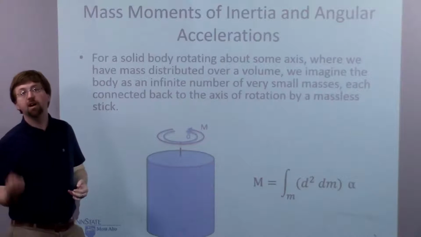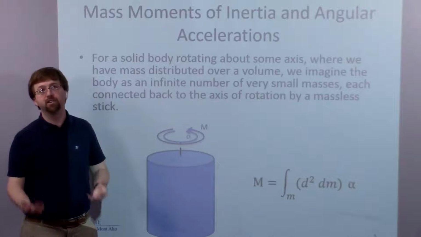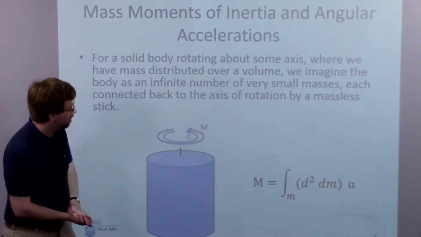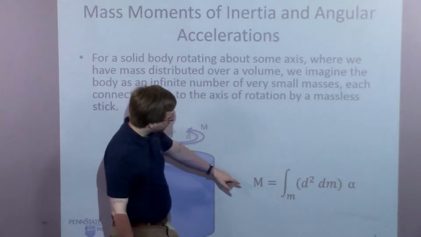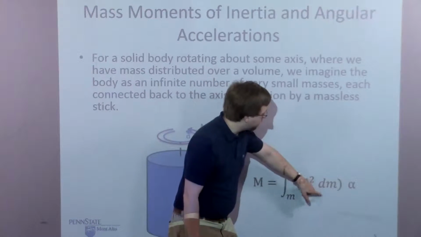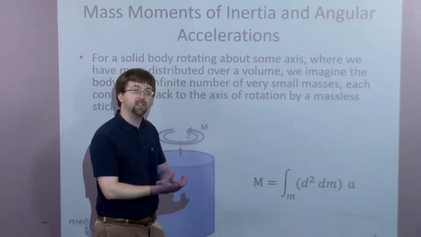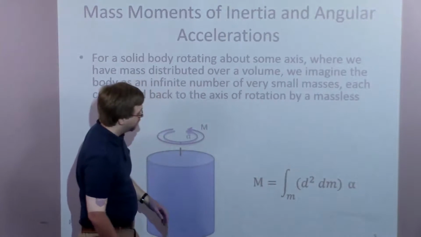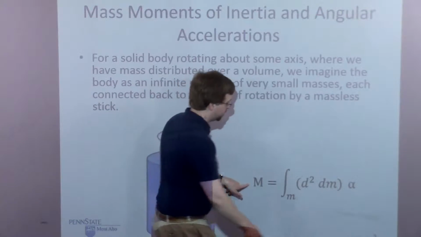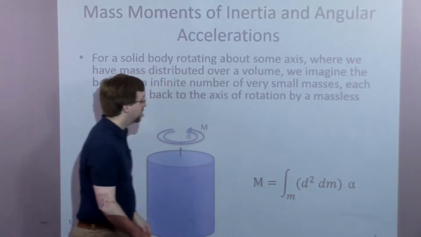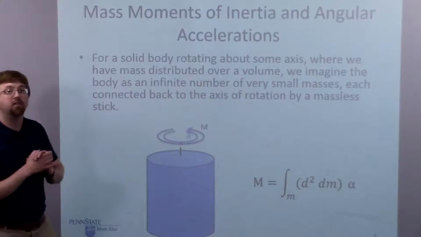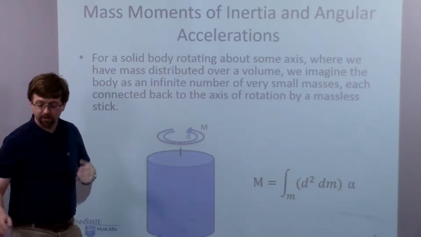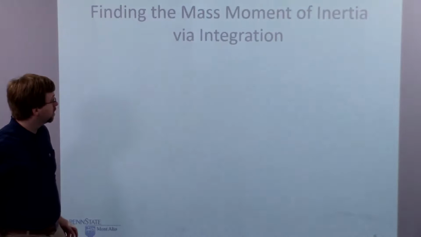And so to sum up an infinite number of very small things, we use calculus. If I integrate this d squared dm term, so that's the d squared and mass terms over the entire mass, that's going to relate my moment and my angular acceleration. So that is the basis of my mass moment of inertia. That's our moment integral.